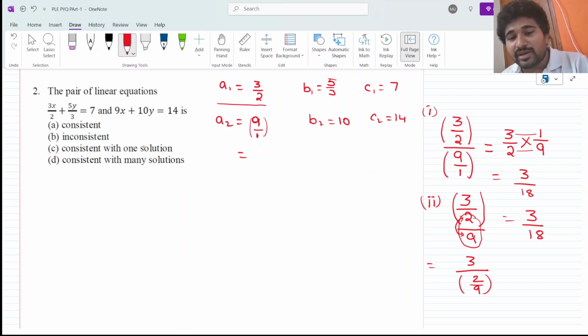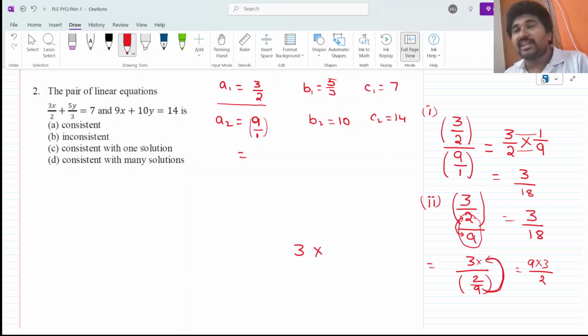Then what should we do? We should not multiply the 3 and the 2 or the 2 and the 9. That is wrong, isn't it? What should we do? Take this 9 up and multiply it with the 3. Clear? This 9 will go up and multiply with the 3. So what will it become? 9 into 3 by 2. Look carefully how I did it.